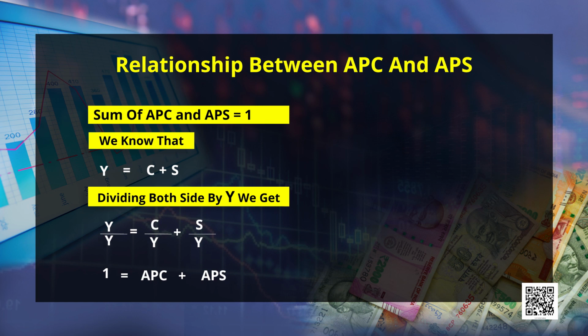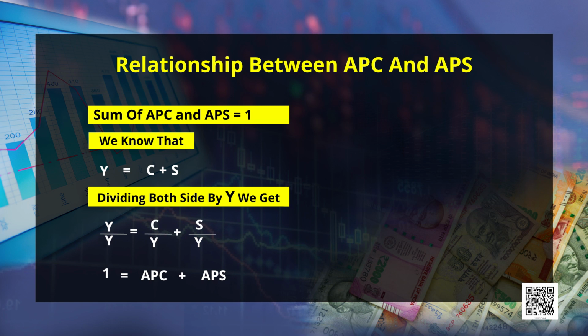As APC depicts C divided by Y and APS depicts savings by income, when we take the LCM of C by Y and S by Y, we get Y in the denominator, and in the numerator we get to add consumption and savings.